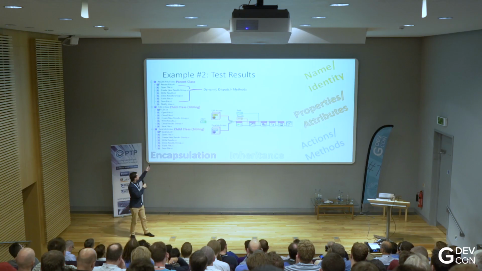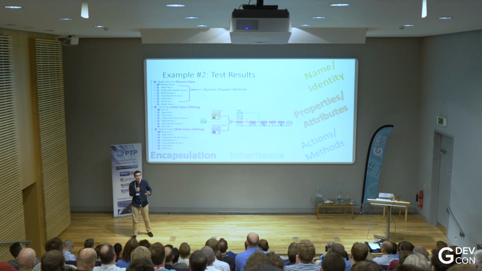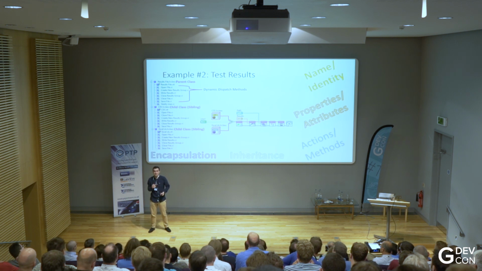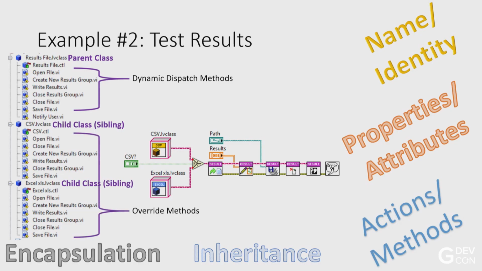So the top methods here, we're going to call those dynamic dispatch methods because they're the types of methods that can change depending on the file format. Your child classes can then choose to override those methods.